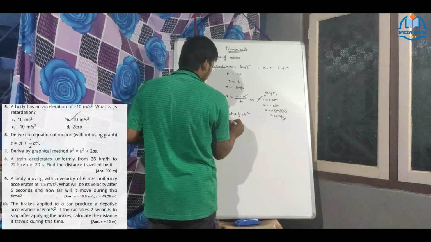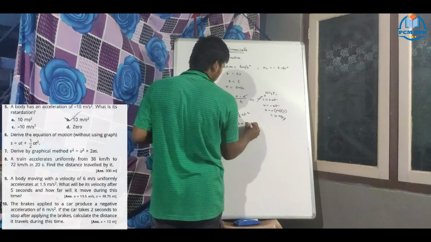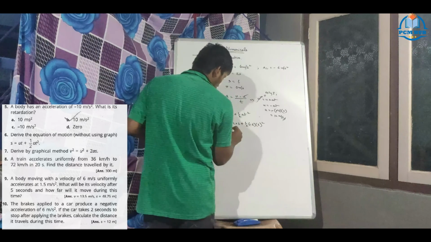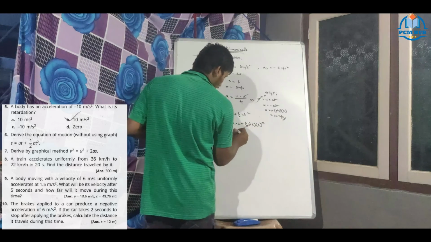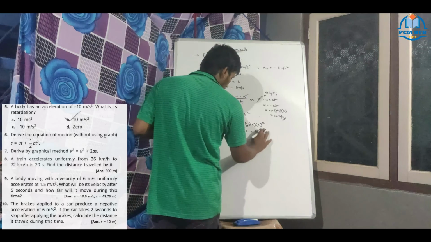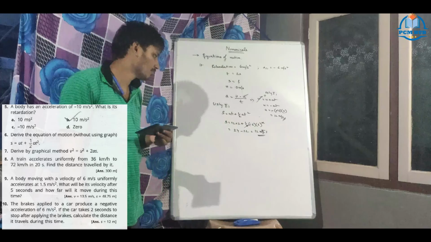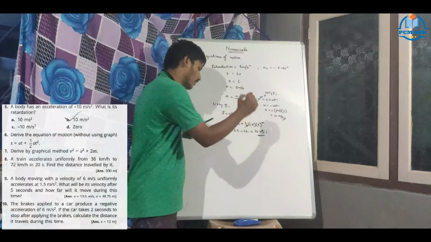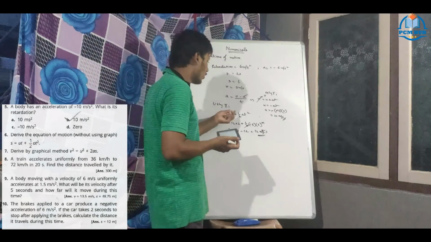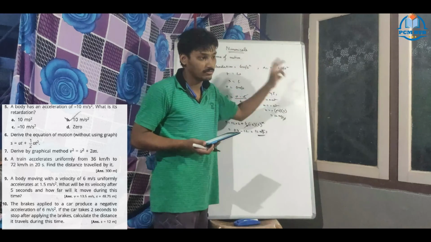S equal to U, which is 12, into time, which is 2, plus half into A, which is minus 6, into time 2 squared. So 24 minus 12, so it is 12 meters. That is the answer. Many people make a mistake here. If they don't take acceleration as negative, they will get 36 as the answer. That is the wrong answer.